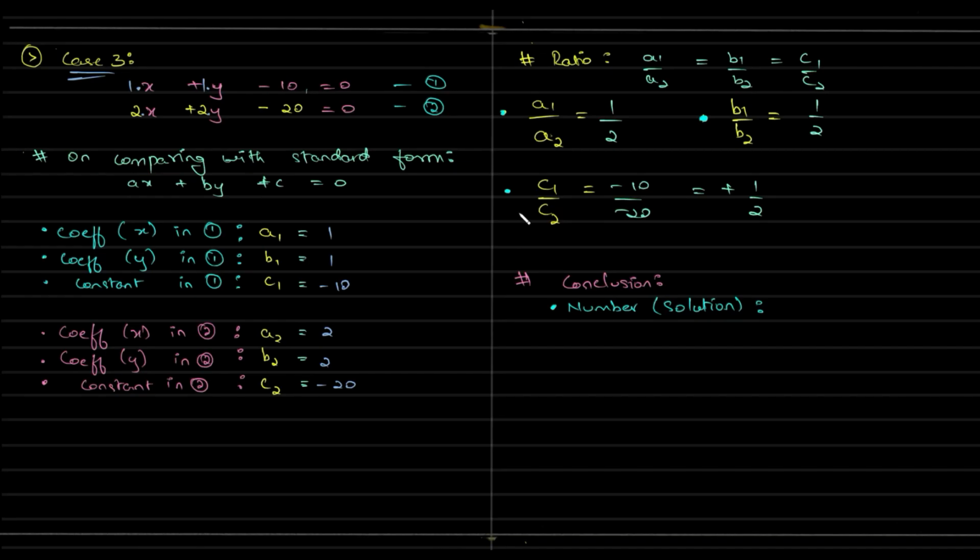The lines are one on another. So every point is common to both. On a line we have an infinite number of points, is it not? So the number of solutions is infinite. Basically, if all the ratios are equal, the number of solutions is infinite.